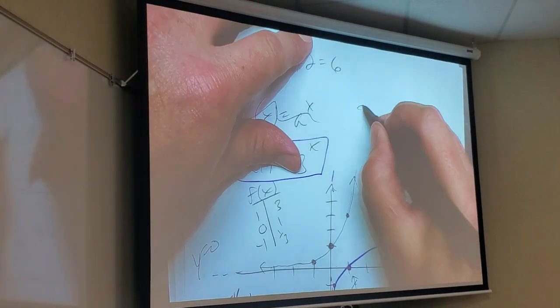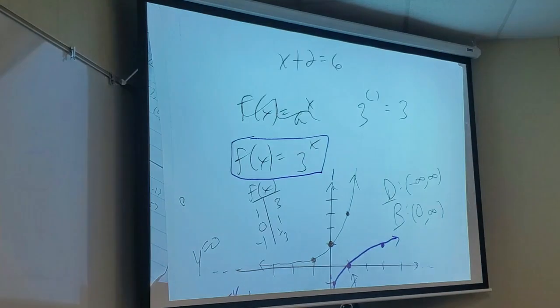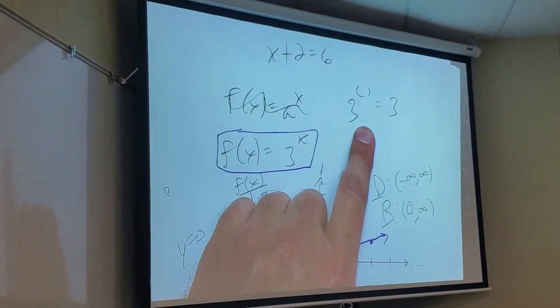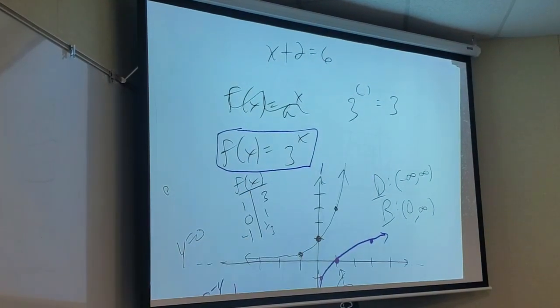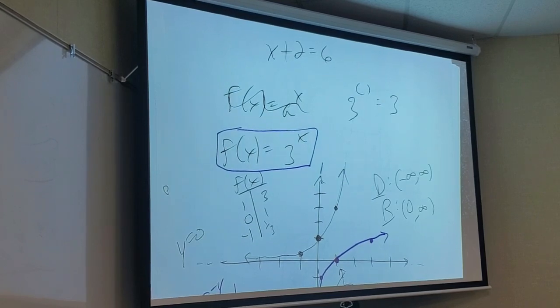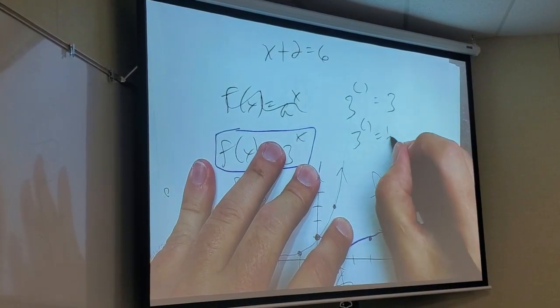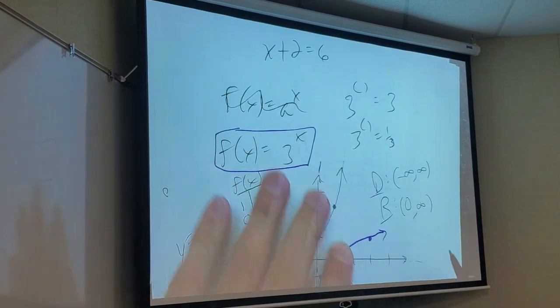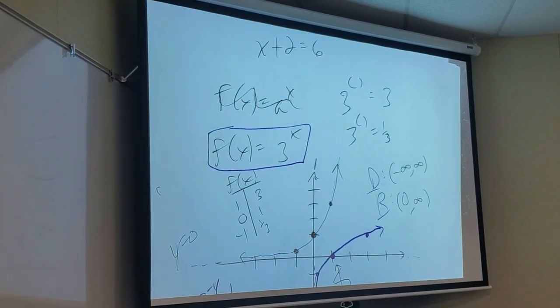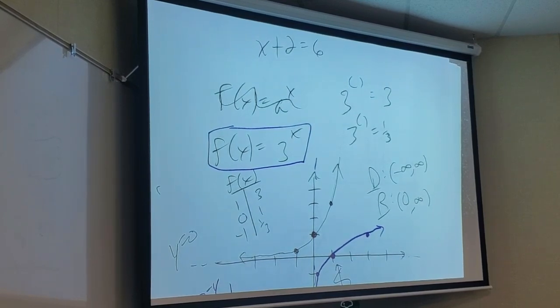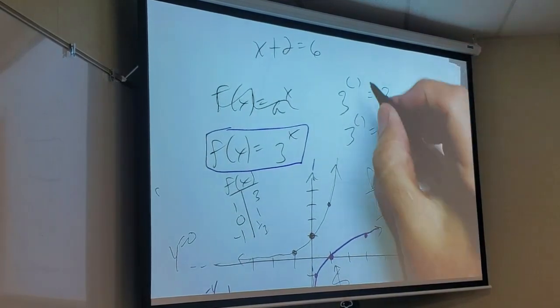So if I said 3 to the what equals 3, let's start there. 3 to the what equals 3? What's the answer? 1. So that's pretty simple, right? If I said 3 to the what equals 1/3, -1, right? But again, we need to develop a symbol to capture this idea.